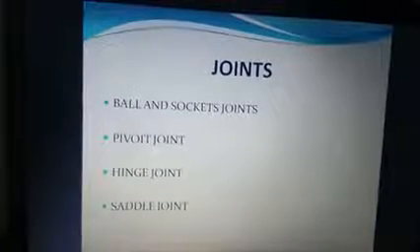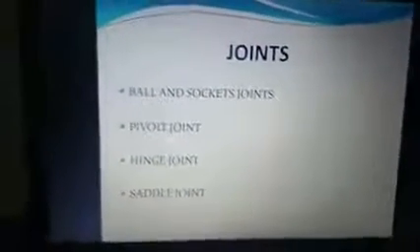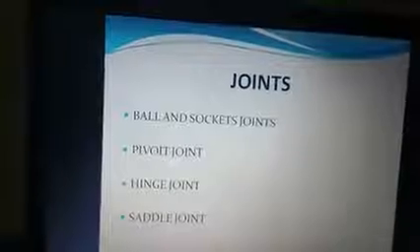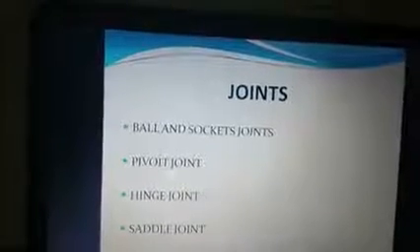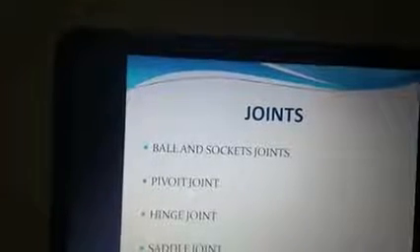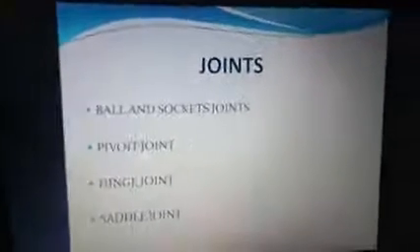And the last joint which we are going to discuss is the saddle joint. The saddle joint gets its name because of the bones forming it. One part of the joint is concave, that is turned inward at one end, and looks like a saddle.